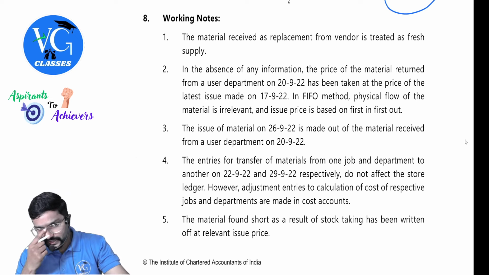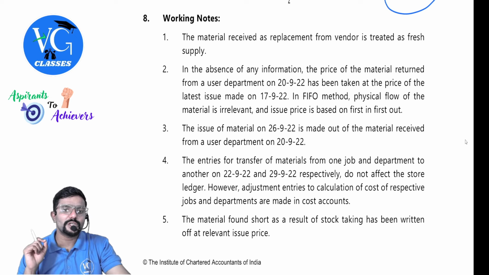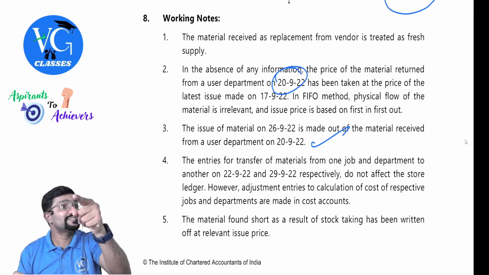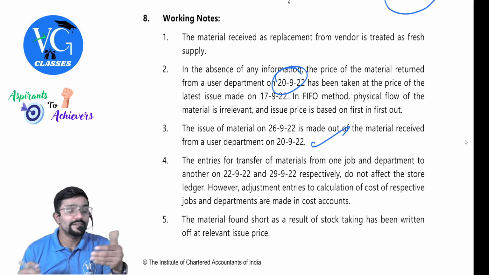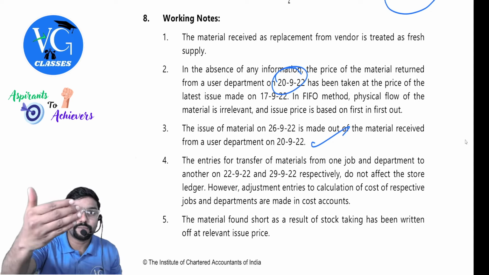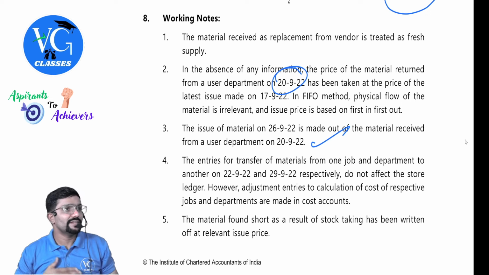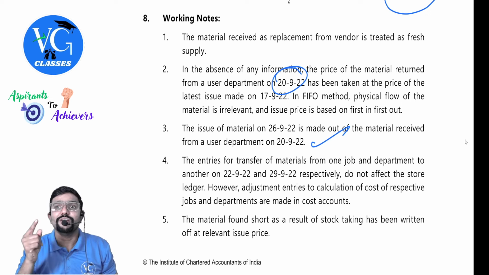Next, the issue of material on 26th September is made out of material received from the user department on 20th September. That is, whatever I got back, first I will issue that. Whatever is returned, because I had already given it to production on 17th, they gave back on 20th. Next, when I am issuing, from where will I issue?